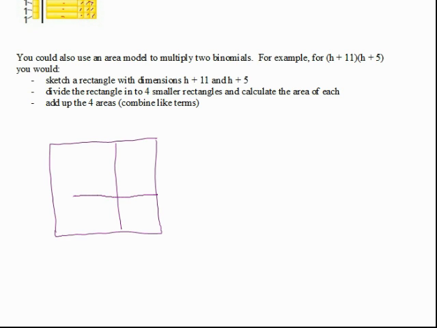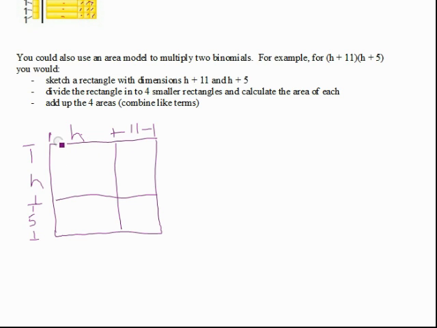I try to keep my h looking the same on both sides, but it really doesn't matter. This side has dimensions h plus 11, where this part is h and this part is 11. This part is h, and this part is 5, so this side is h plus 5.